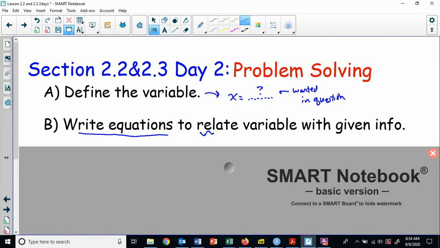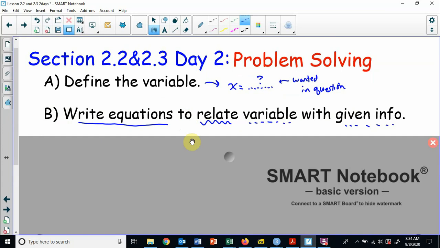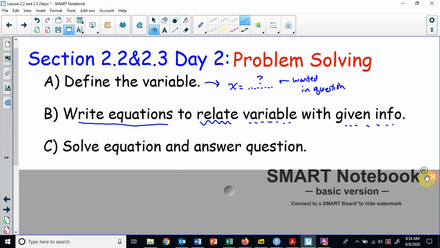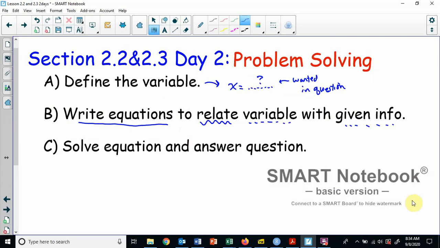And they're going to need to relate your variable with other given information, with other numbers. And you're going to have to think hard during this part. This is the problem solving part of the problem solving. And then finally we're going to solve and provide our answers. So, pretty much 3 steps. For each one we're going to want to define a variable, write an equation, and solve.